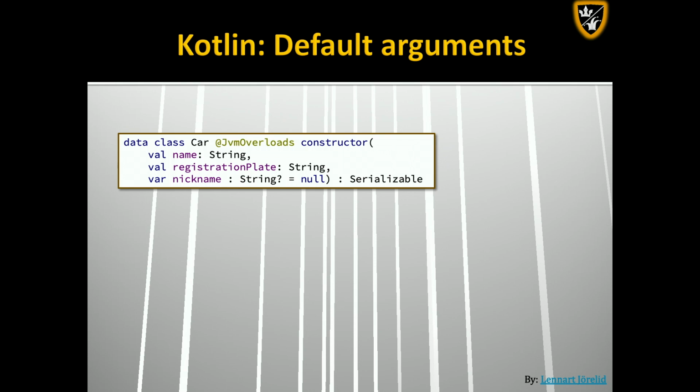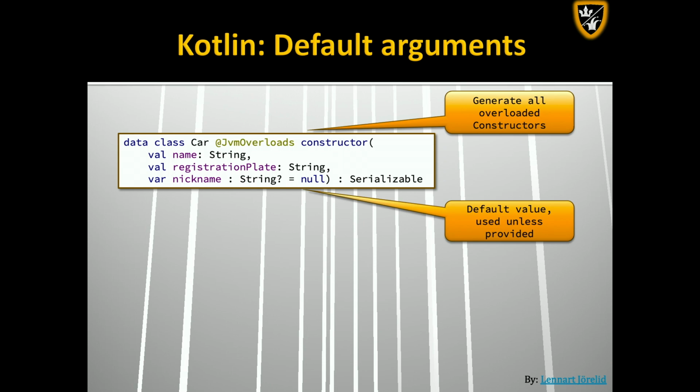Which means this actually would generate two constructors in the class, right? One which has 2 arguments and one which has 3. Same thing as you do in Java. So that JVM overloads tells the Kotlin compiler, generate all the permutations of methods or constructors for me.